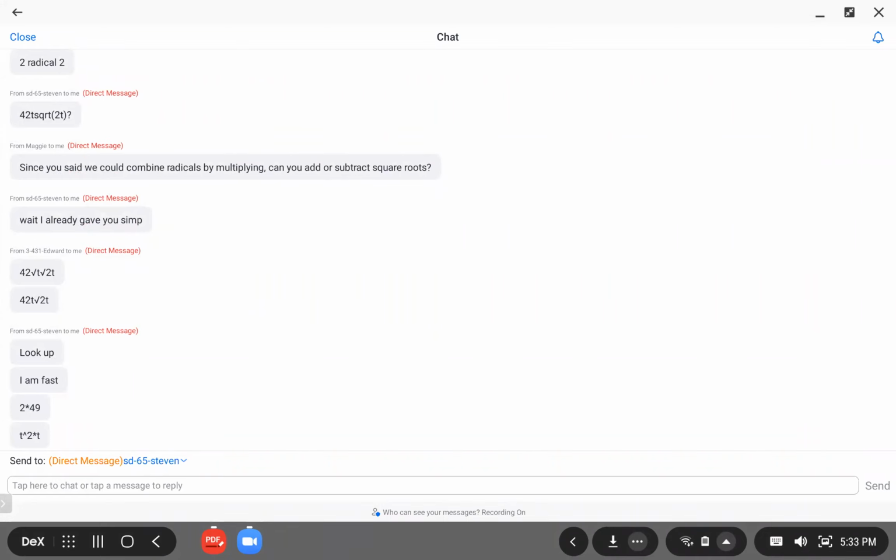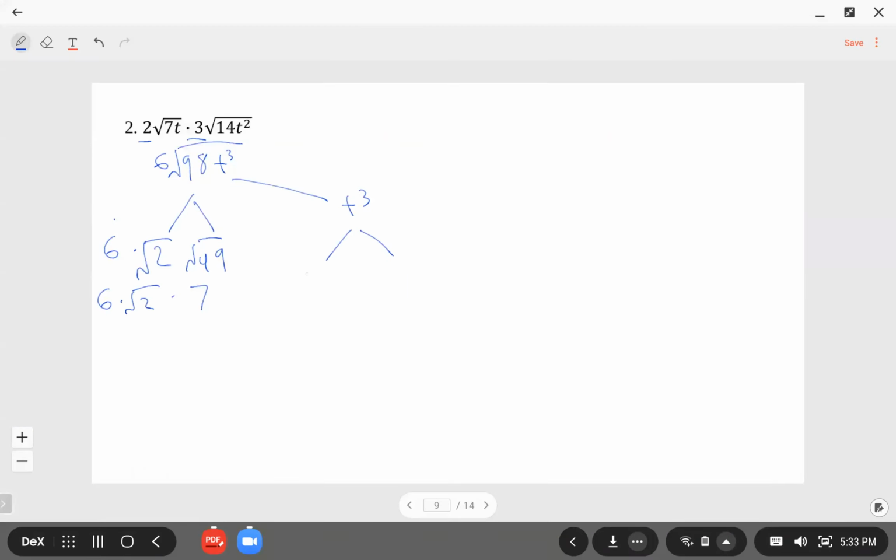Square root of t squared times square root of t.